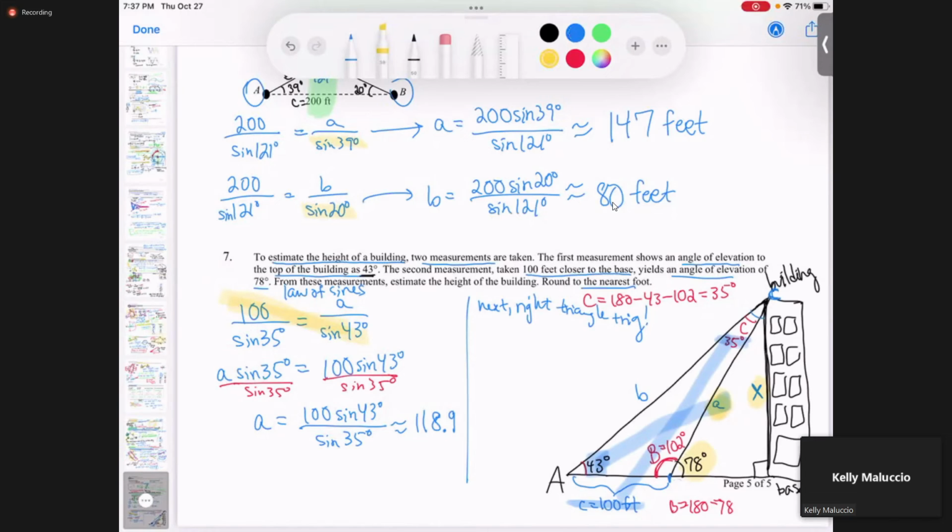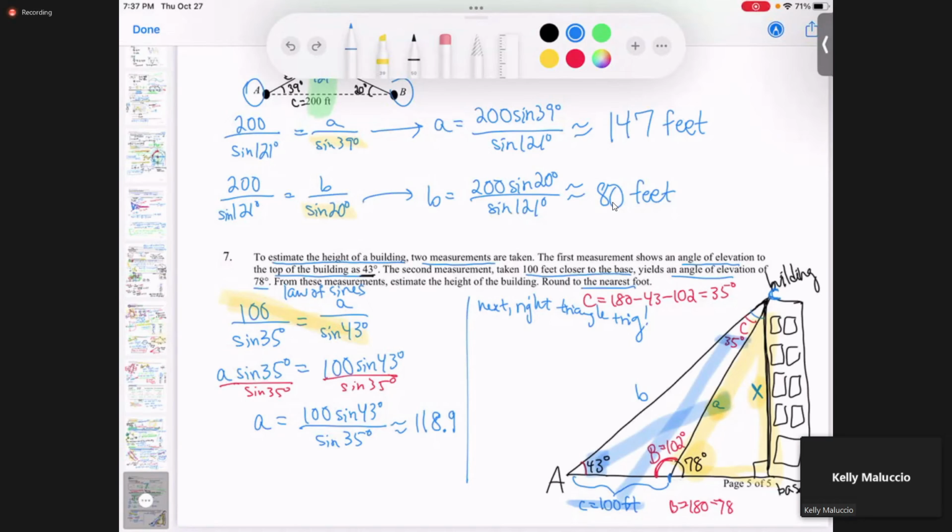So now we're focusing on the actual building, because they took these two measurements for us, but we didn't know the original distance here, so we couldn't do anything with that. Otherwise, we could have just used right triangle trig right away, if they just took some measurements, right?